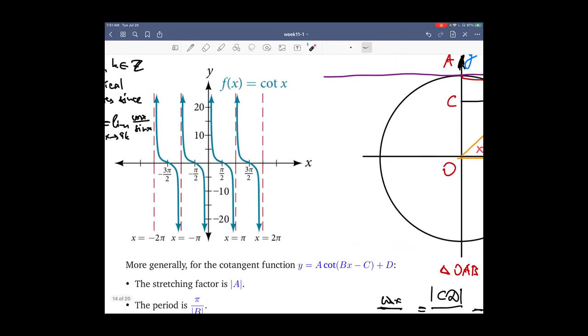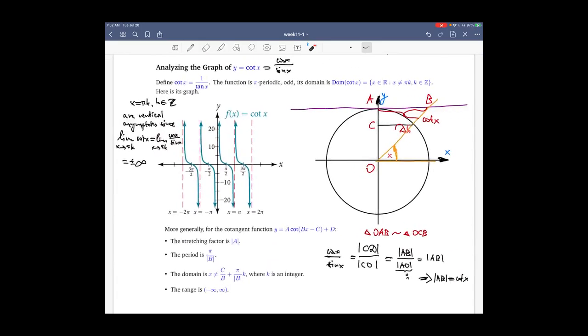And because cotangent is pi periodic, it will be enough to draw the graph of cotangent on the interval 0 pi, excluding, of course, the endpoints, because the endpoints are where cotangent is undefined. And then extend by periodicity.